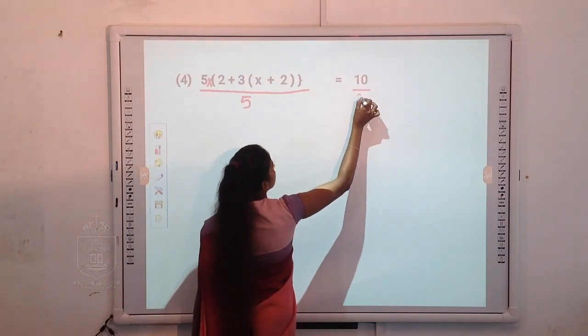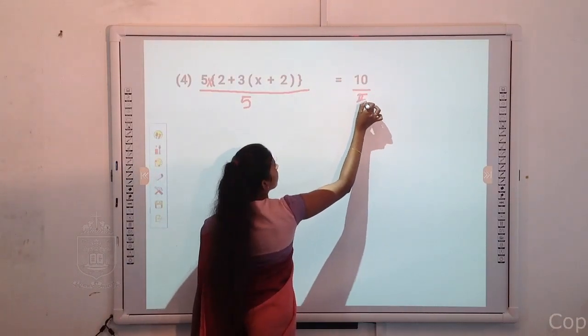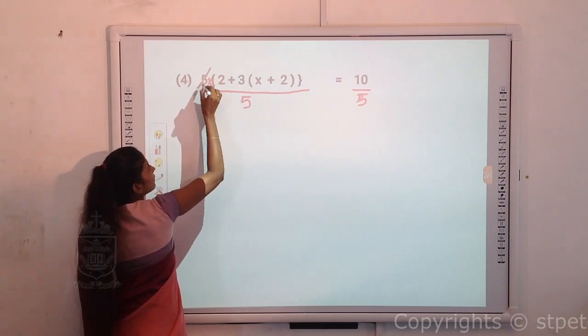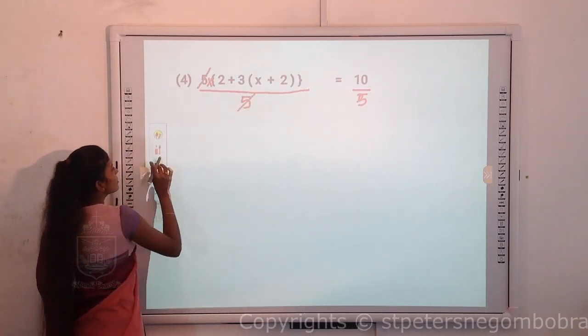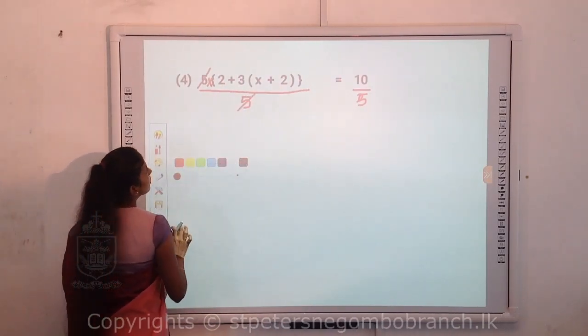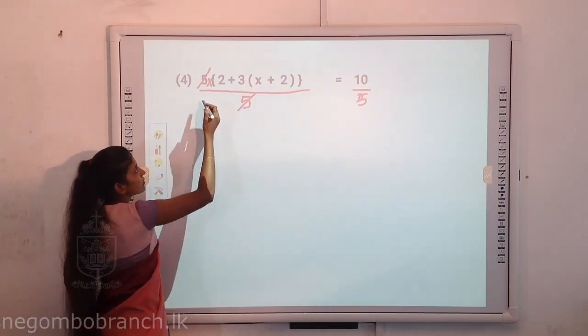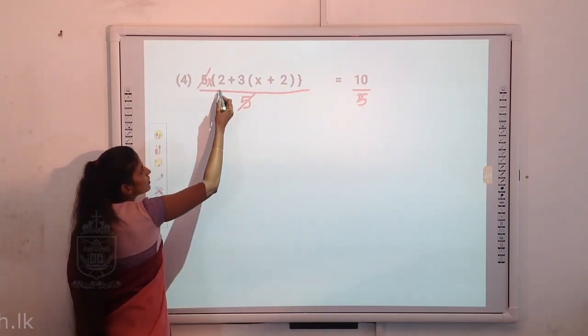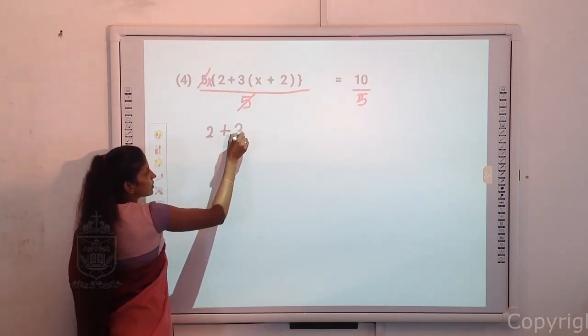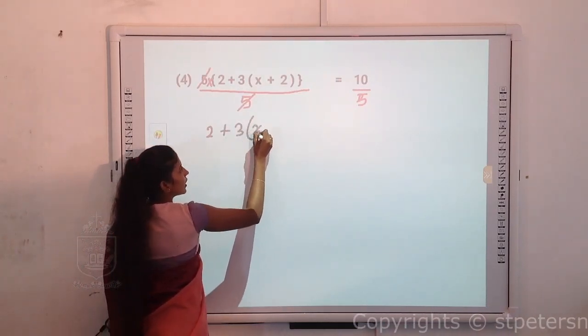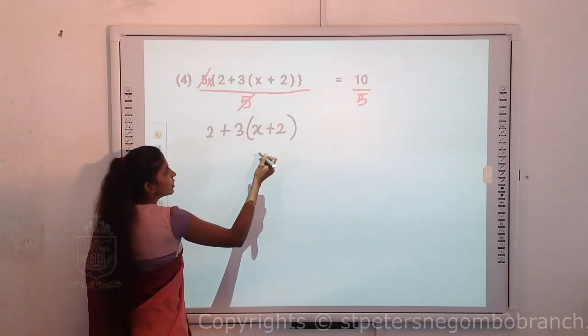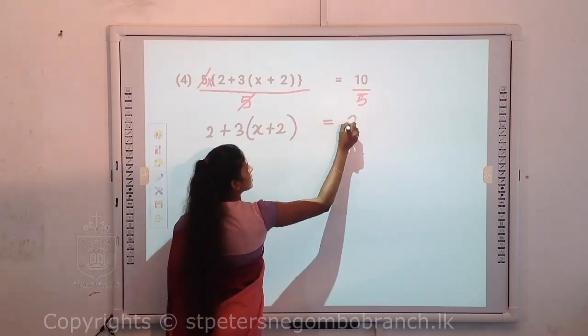So this can also be divided by 5. The 5 cancels. So what is remaining? 2. Now the curly bracket has been removed already. Once you remove 5, it is removed. So 2 plus 3, here you have x plus 2. 10 divided by 5, the answer is 2.